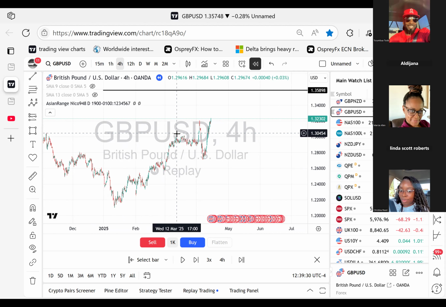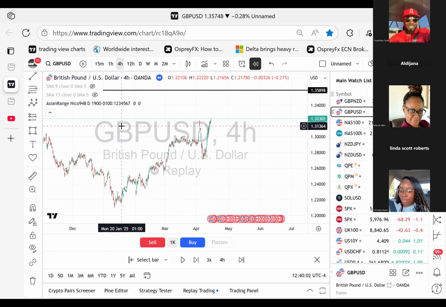If the dollar is stronger than the pound, then you have to sell GBP USD. So when you're clicking buy and sell, you're actually clicking buy and sell for the first listed currency. Okay, thank you. No problem.